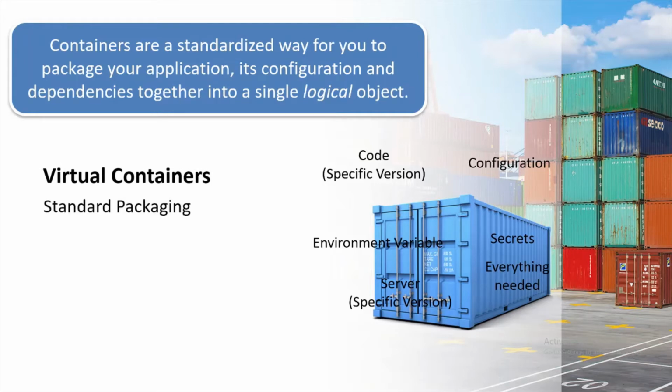Let's say we have one app built on Java and another built on .NET Core. These use different configurations, different environment variables, different things. So we are now able to standardize our applications in different containers with different sets of environments.